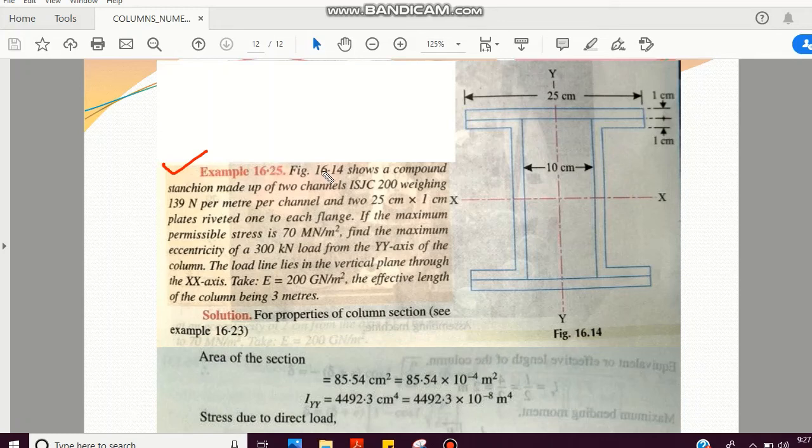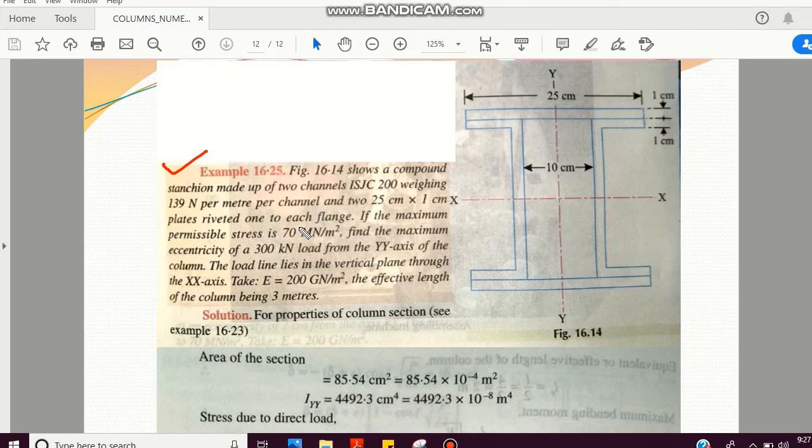It says that this figure shows a compound stanchion made up of two channels weighing 139 Newton per meter per channel and two 25 centimeter by 1 centimeter plates riveted one to each flange.